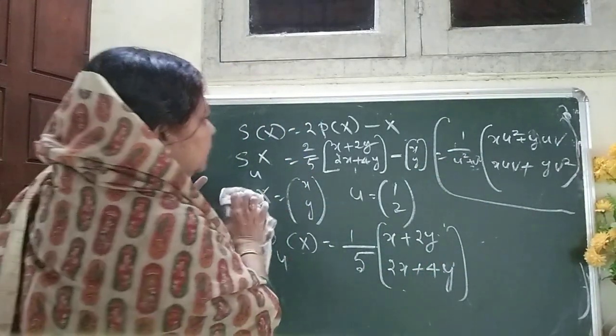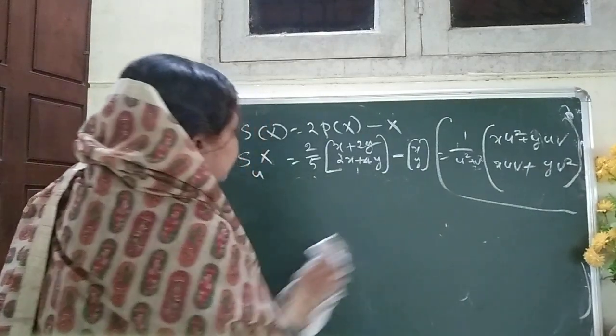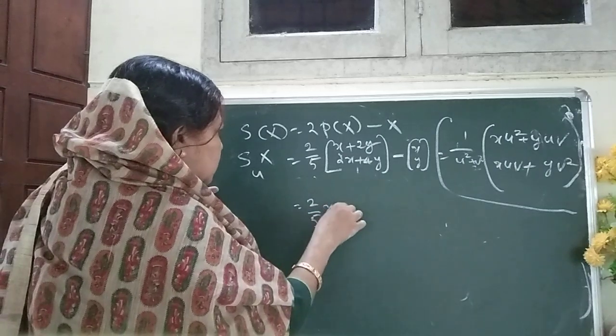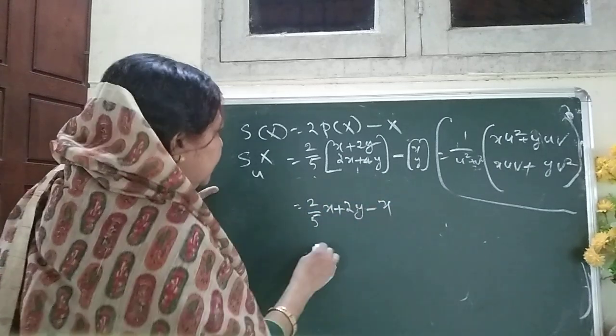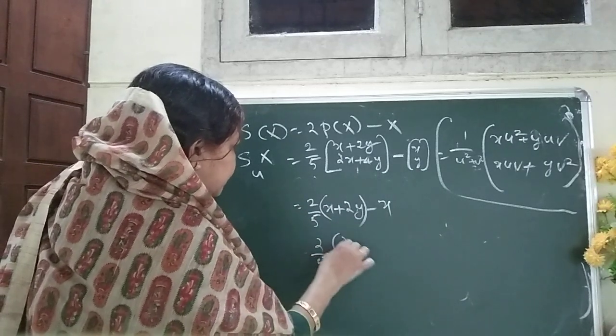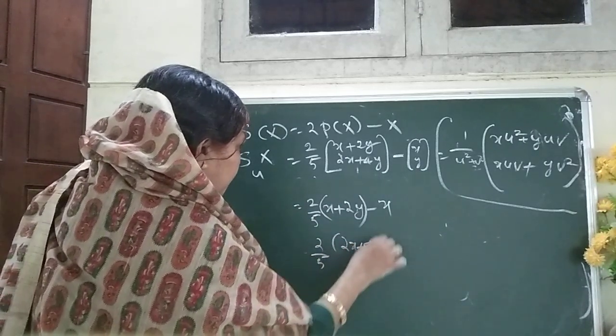That is equal to, we see, 2 by 5 into (x plus 2y) minus x, then 2 by 5 into (2x plus 4y) minus y.